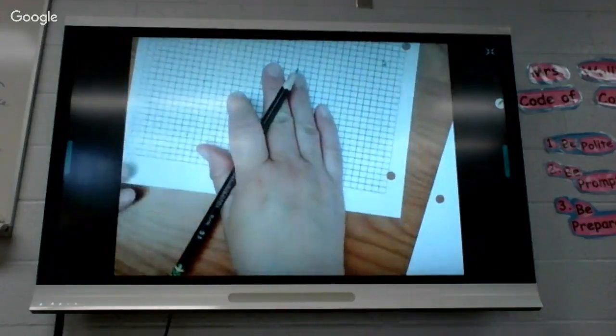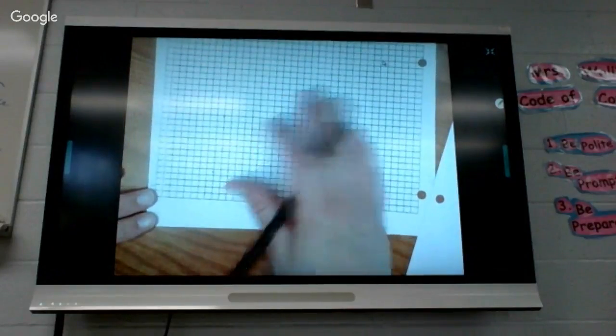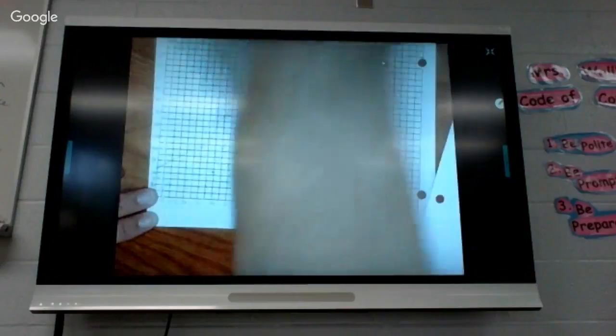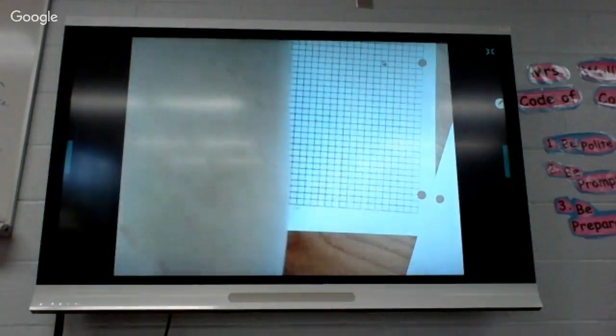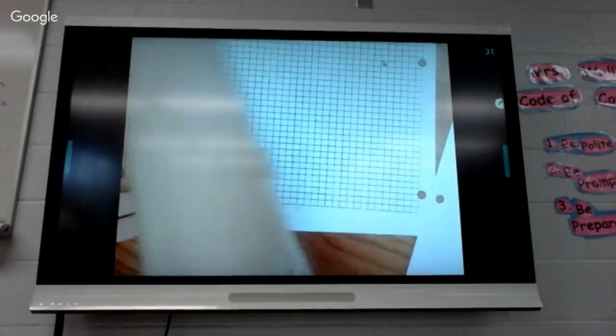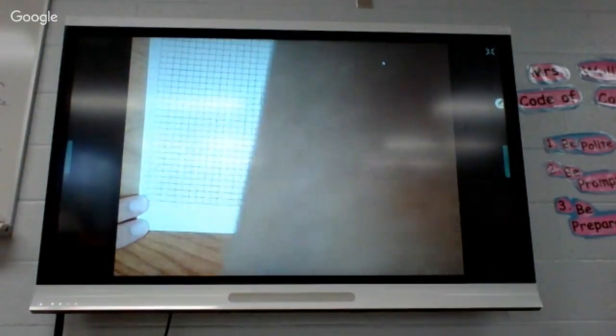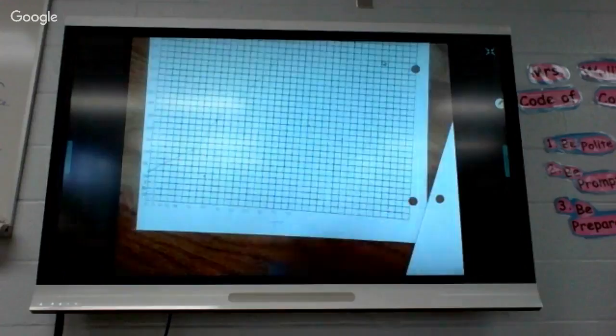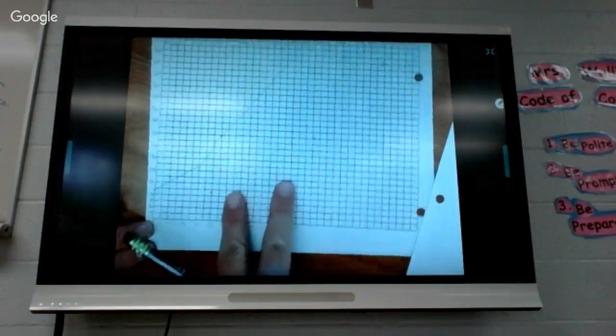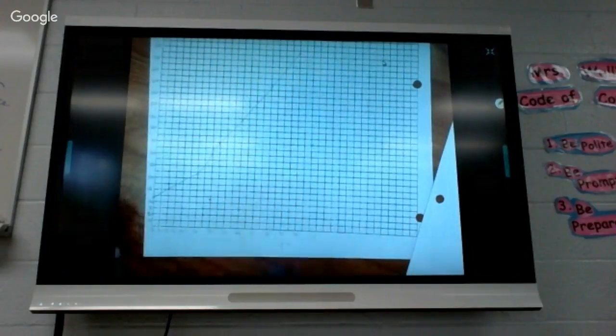All right. Does that make that any better or does that make that worse? I don't guess it's too bad. All right, so there's our graph.